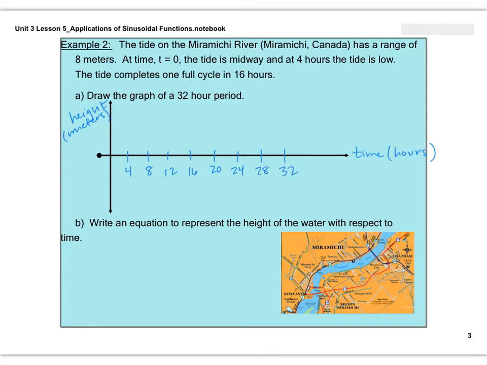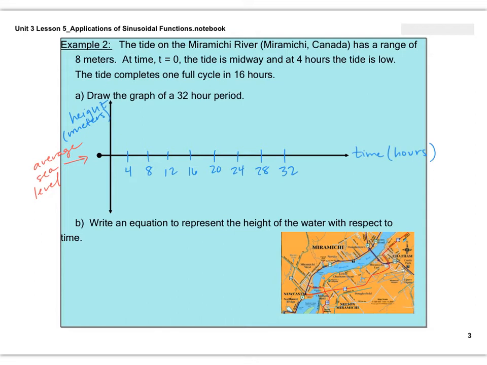And it says you're going to draw the graph for a 32-hour period, so make sure you at least go up to 32 hours. Then think about, what does that x-axis represent? Well, the x-axis represents sea level, basically, or I should say the average sea level of the river as the high tide and low tide occur.